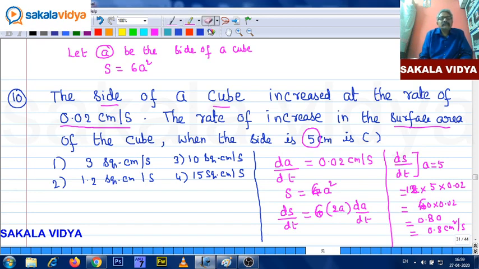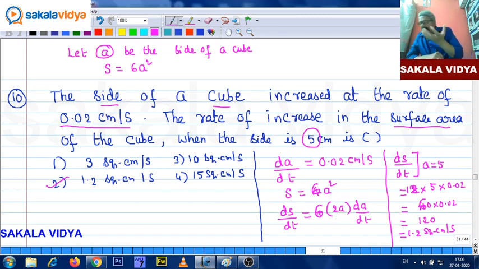Now wait, this will be 120. How many points? 2 points. That means 1.2 square centimeter per second. So that means, yes, exactly correct, because the cube has 6 faces.